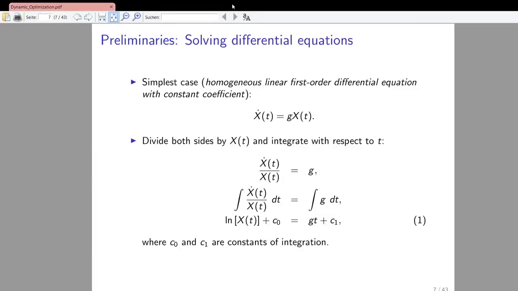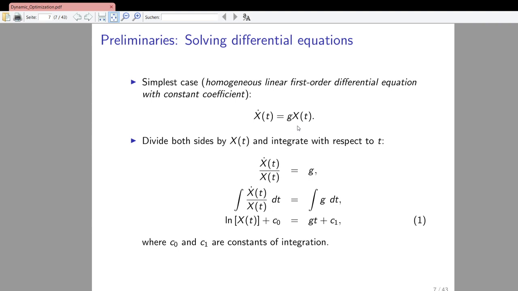Now we have seen on the previous slide the solution of a differential equation, and here I show you how you arrive at this solution. That was basically the simplest case. It was a homogeneous linear first order differential equation with constant coefficient that can be written in the form that the derivative of the variable with respect to time is equal to a constant times the variable itself.